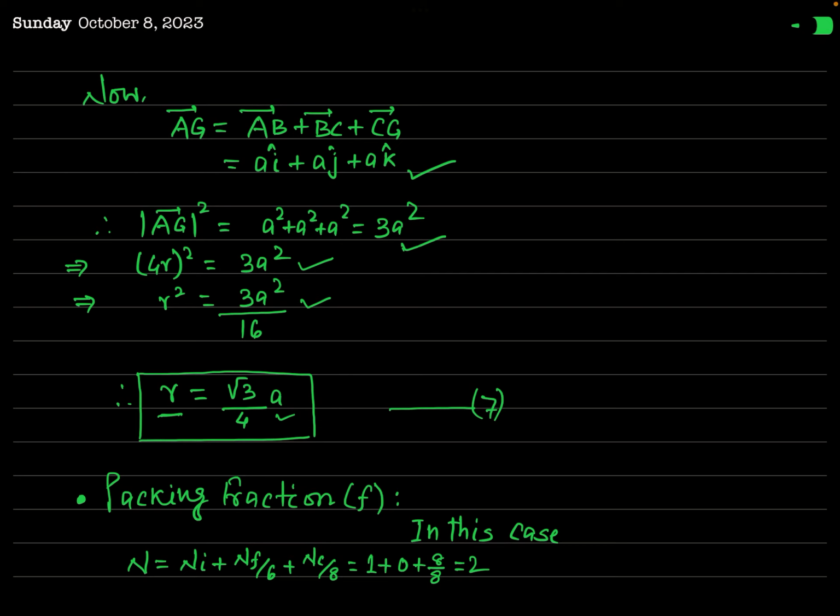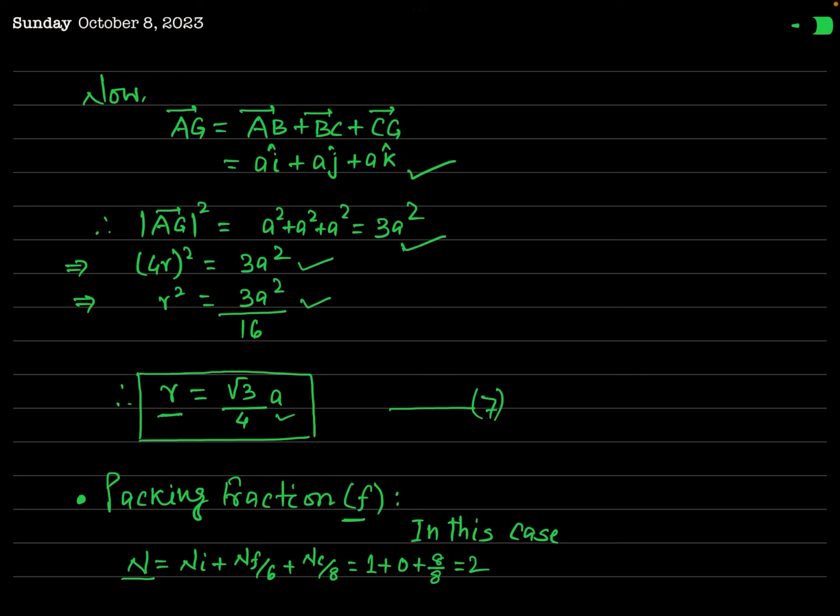Now after getting the expression for the radius of the BCC lattice, you can easily find the packing fraction for it. Again, we will find the total number of atoms in this unit cell, using the same formula, that is n equal to Ni plus Nf by 2 plus Nc by 8.